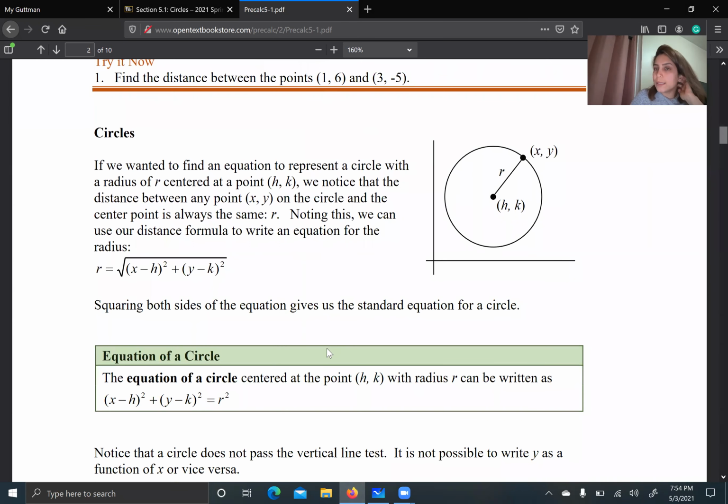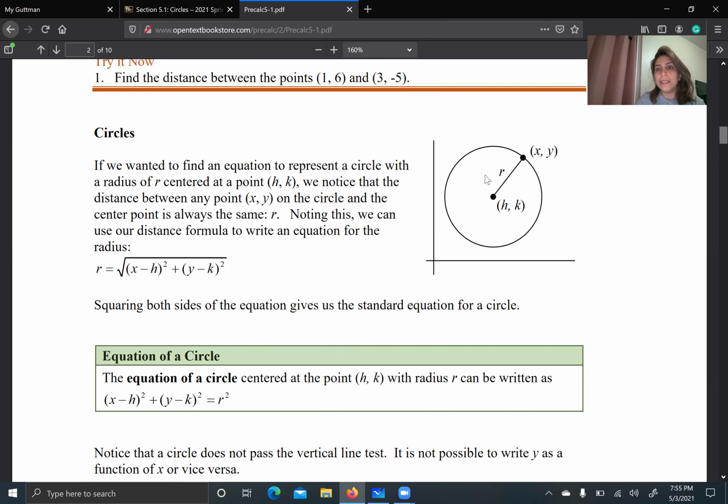Okay, now what's the reason that we discuss distance? Because that gives us a way to come up with a formula for a circle. So I hope you know what a circle is. A circle is a shape that has a center, and any point on this shape has the same distance from the center.